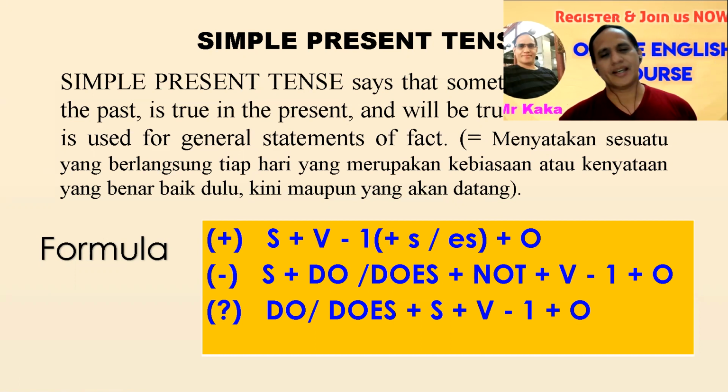The negative form is subject plus do or does, plus not, plus verb one, plus object. The interrogative sentence is do or does, plus subject, plus verb one, plus object. This is the basic formula of simple present tense.